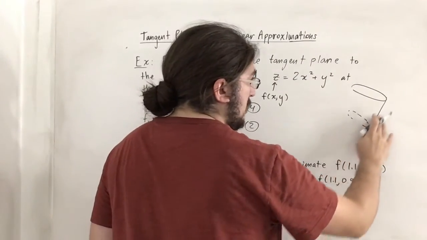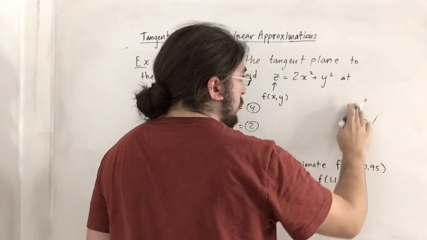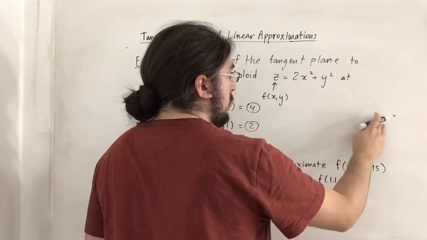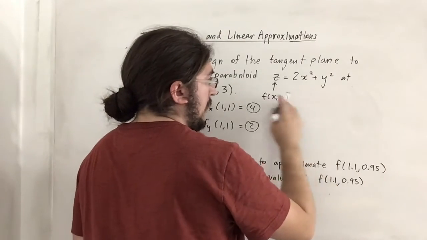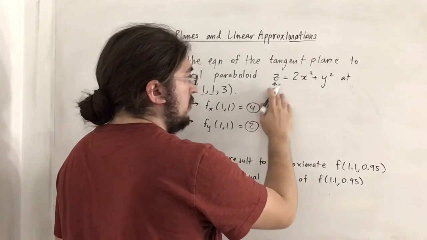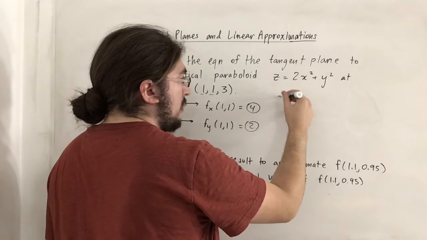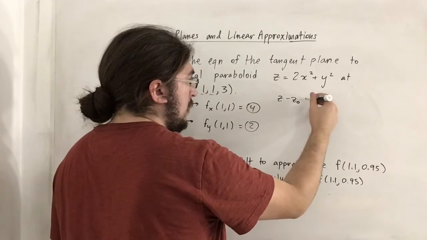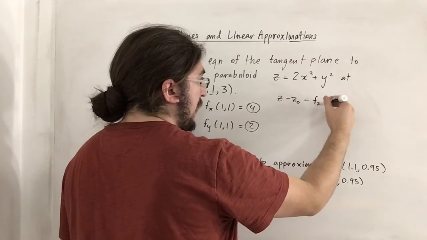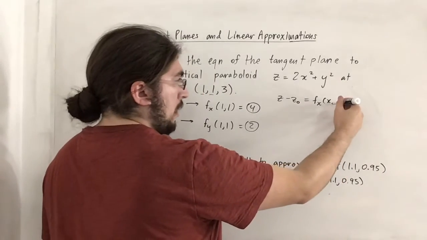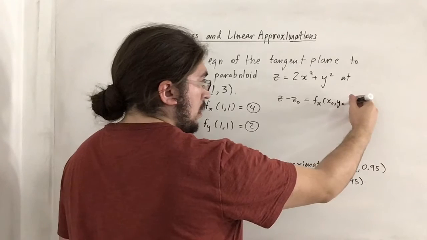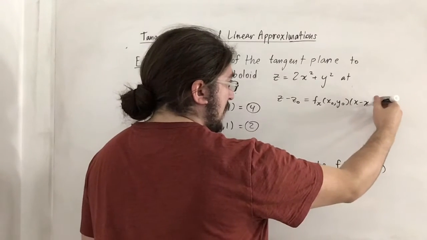So now all we need to do is use the equation we saw on the previous screen. Let me erase this just for space here. And recall that the equation was super similar to what you remember point slope form to be. That is, of course, z minus z naught equals fx at x naught comma y naught times x minus x naught.